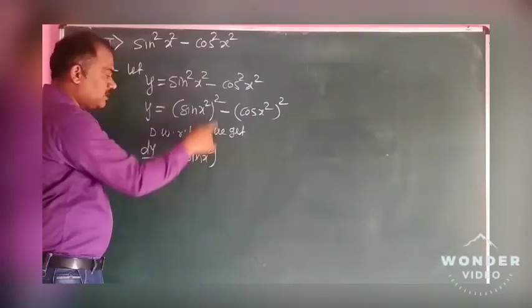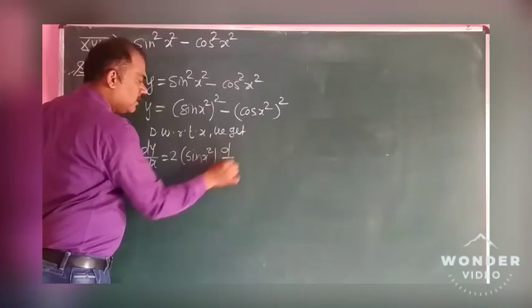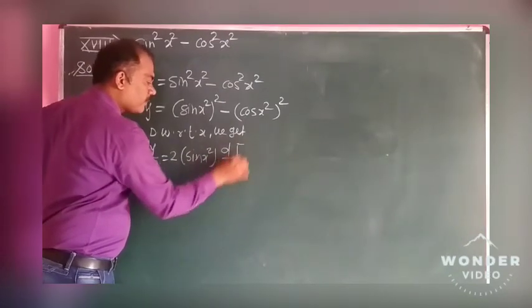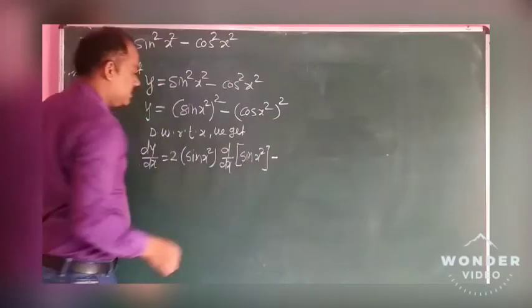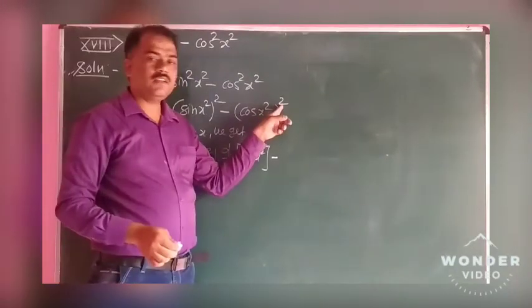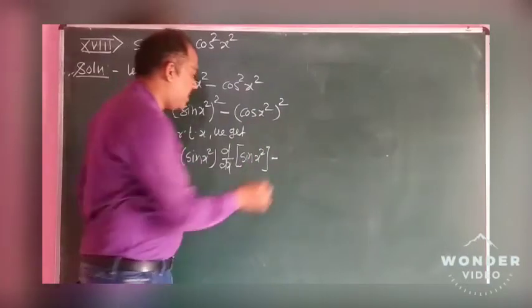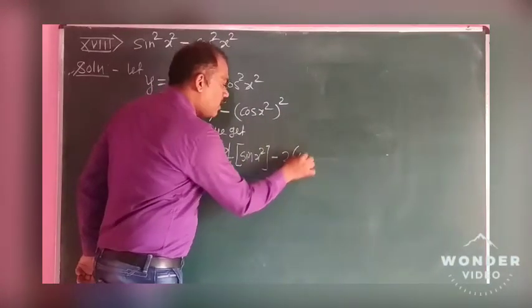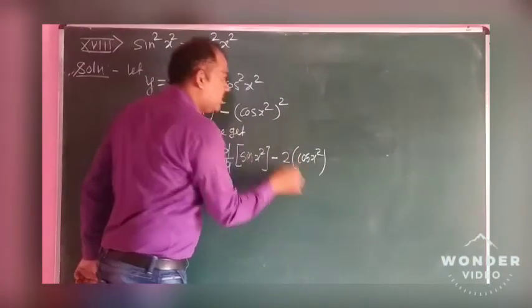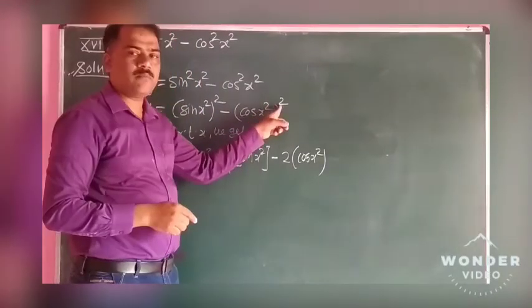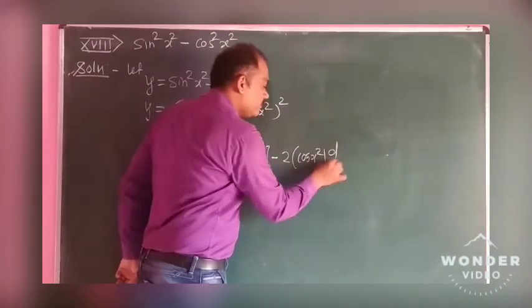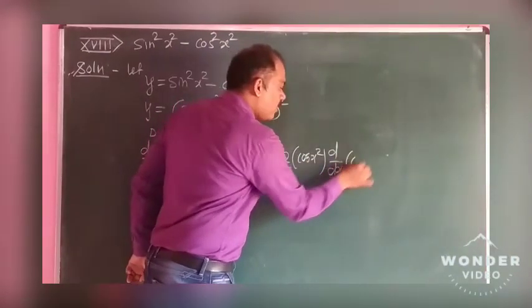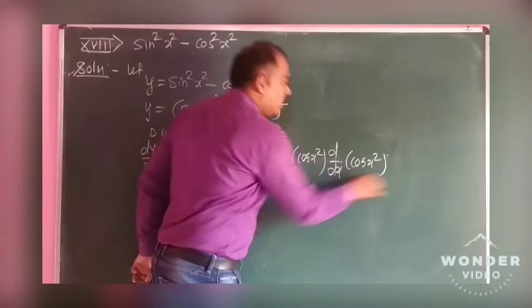2 minus 1 is 1 into d dx of sin of x square minus, again here we have to use the power function formula. Write the power as it is, 2 into cos of x square. From this power 2 we have to minus 1. 2 minus 1 is 1 into d dx of cos of x square.